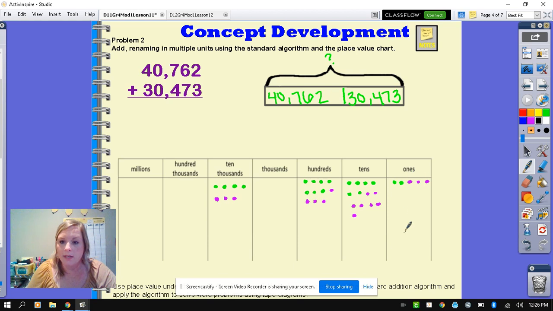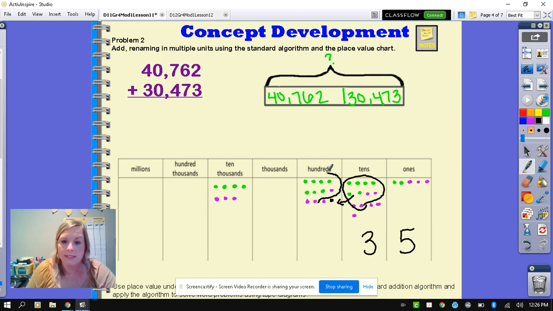So my 2 plus my 3, I have 5 ones. In my tens, I have 1, 2, 3, 4, 5, 6, 7, 8, 9, 10. Again, always with 10 in any column, you're going to take them, you're going to cache them in the next place value. So I'm left with 1, 2, 3. Here I have 1, 2, 3, 4, 5, 6, 7, 8, 9, 10.